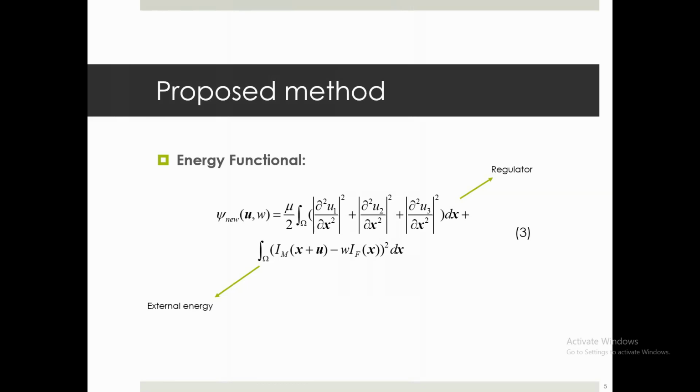By minimization of the latter, the difference between the moving and fixed image reduces, while optimization of the former makes the deformation field U regular and differentiable. Also, the intensity coefficient W is considered to adjust intensities of the fixed image with respect to the moving image.